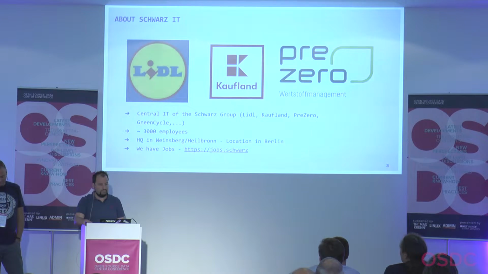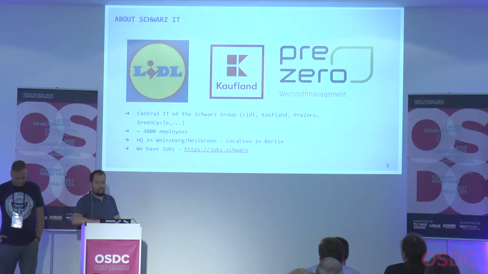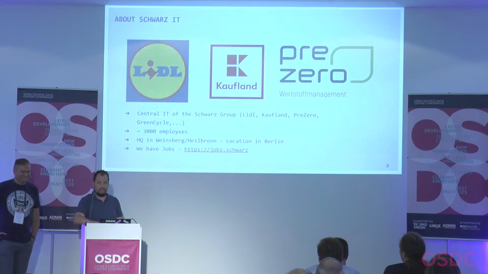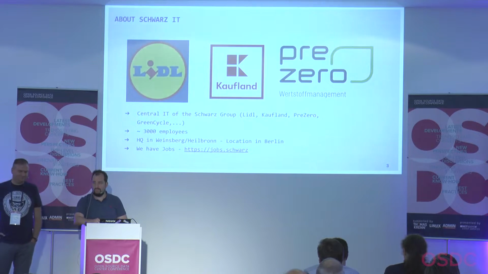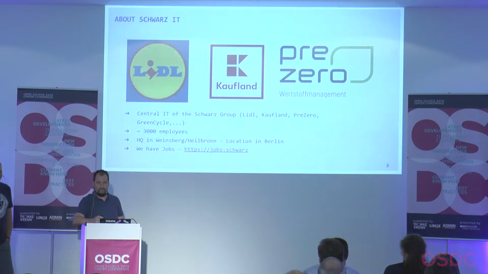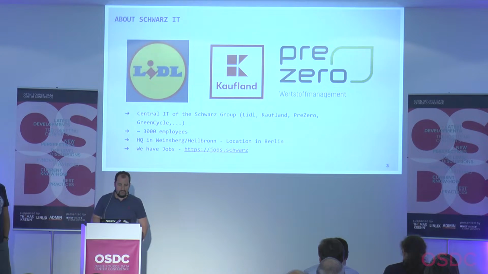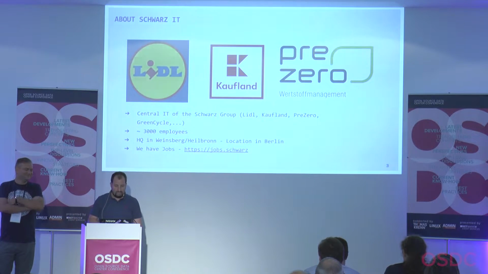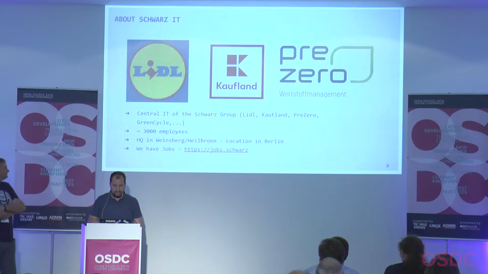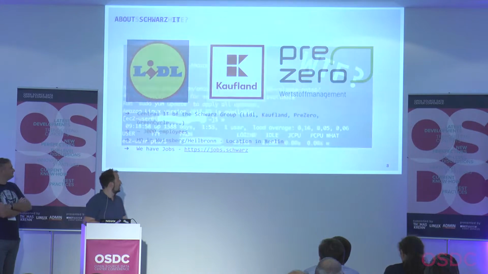And we are sponsoring the stadium of Hoffenheim with this new brand, which is a Bundesliga soccer club. You might know it's also around the area of Heilbronn. They are doing recycling, which we are also doing for the guys from DM, as far as I know. Yes, and we have jobs. You can visit our jobs page on jobs.schwarz. Yes, we also have a top-level domain, which we have to run somehow.